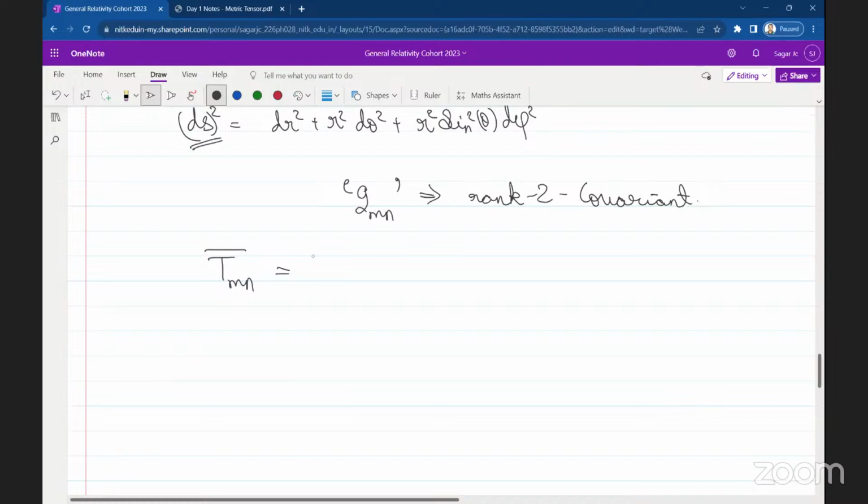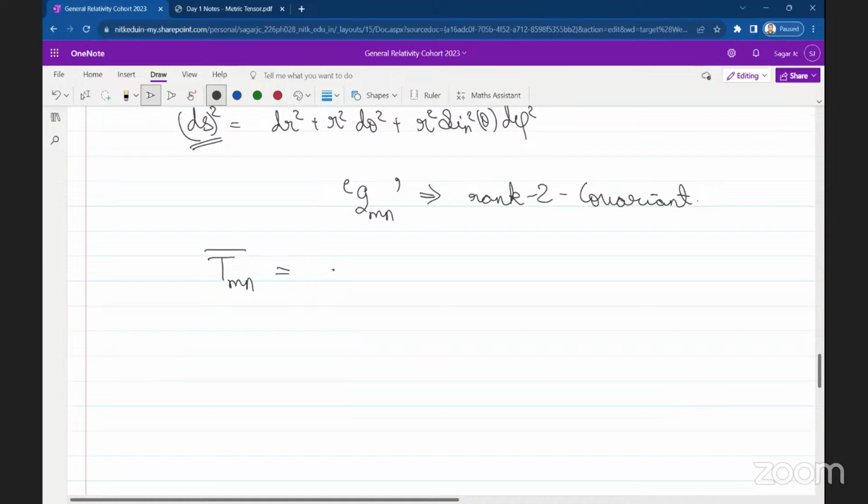It would be T_ij ∂x_i by ∂x bar m into ∂x_j by ∂x bar n. I'll write it and tell me if it agrees with your equation.